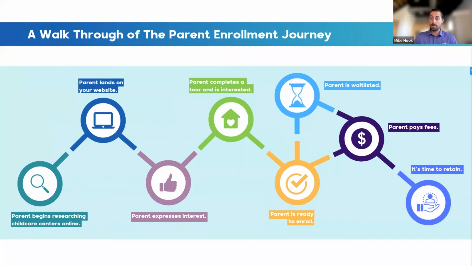So when you think about your funnel for your business and for your centers, number one is, do you have a standardized funnel? Do you have a standardized way to look at each one of your centers and how they're operating? And number two, when you're looking at that funnel, have you actually set it up with the parent's buying journey in mind?